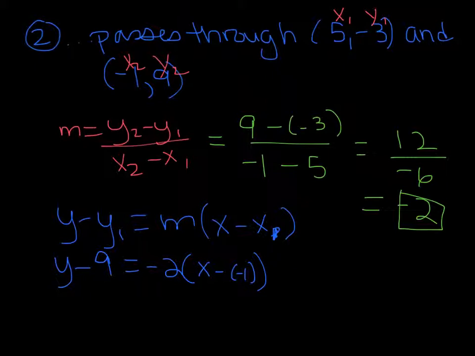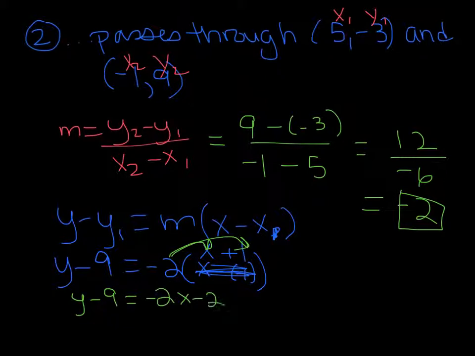Which actually, if you want, you don't even need to do this step. You can just write it as x plus 1. From there, I am going to distribute. That gives me y minus 9 equals negative 2x minus 2. I move over my 9, and I get y equals negative 2x plus 7.